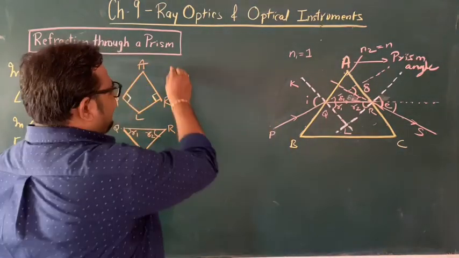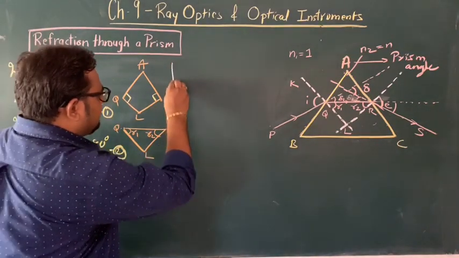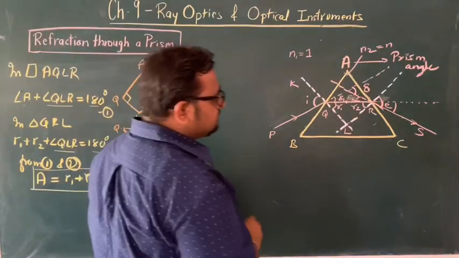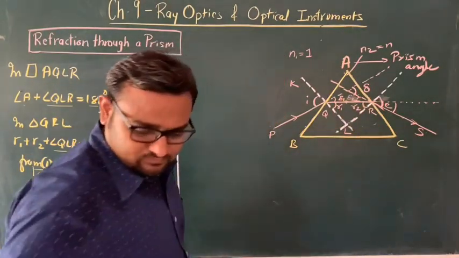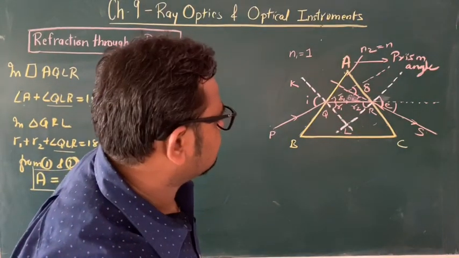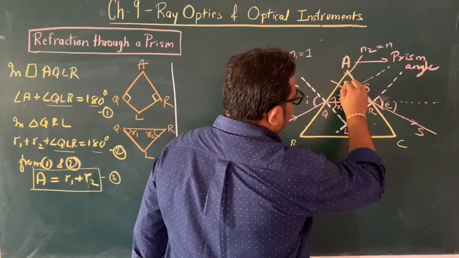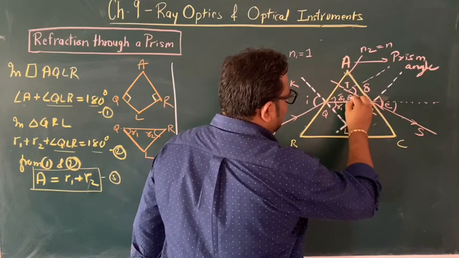Now taking this triangle. Let's name this as T, and this is delta 2.